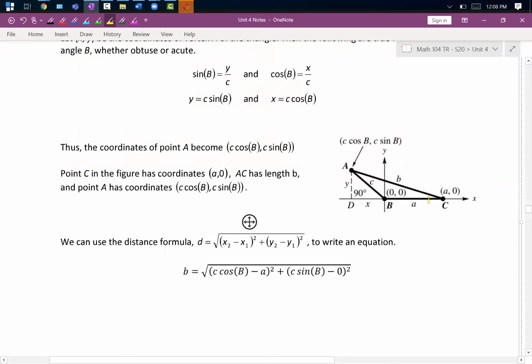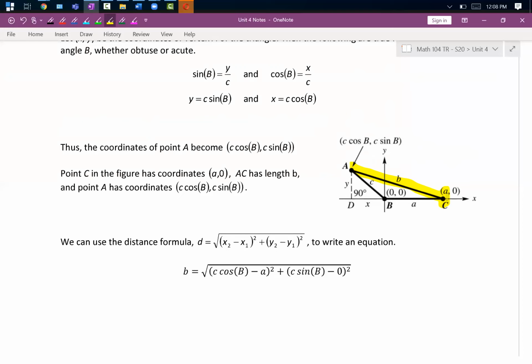Point C over here has the coordinates a comma 0. So we're using a because that's opposite our angle A, and then the y coordinate is 0. So we can say that line segment that has length b and point A has the coordinate c cosine of B, c sine of B.